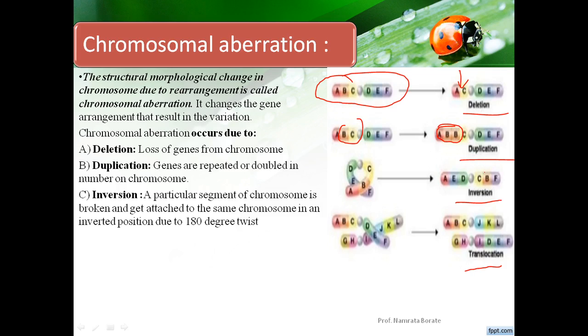The third one is inversion. What is inversion? There is a presence of 6 genes: A, B, and C, and on the other side G, E, and F. In inversion, a particular segment of the chromosome is broken and gets reattached to the same chromosome in an inverted position.